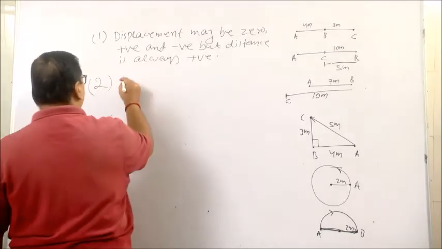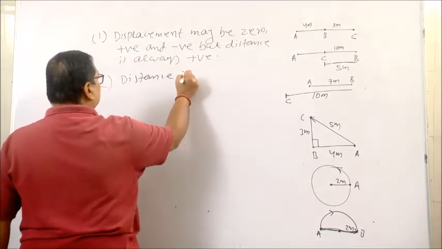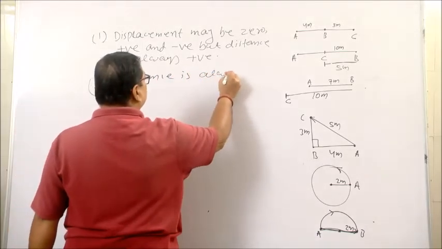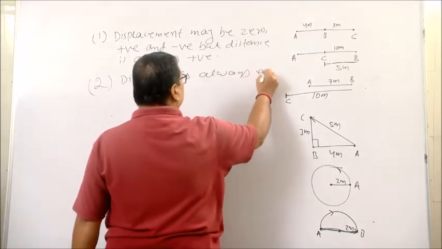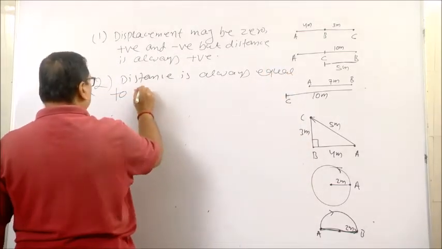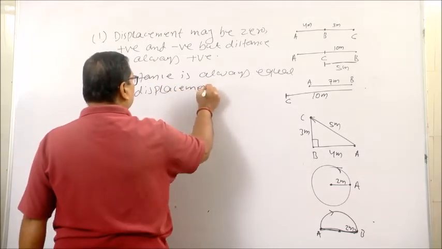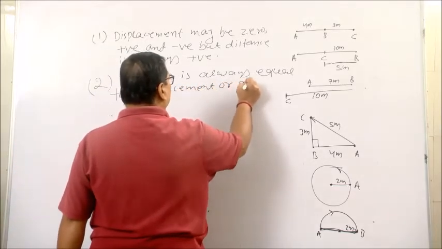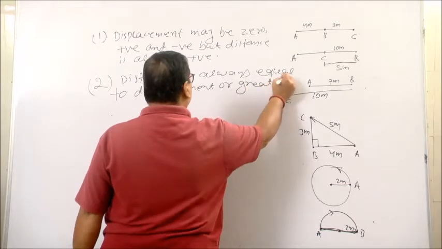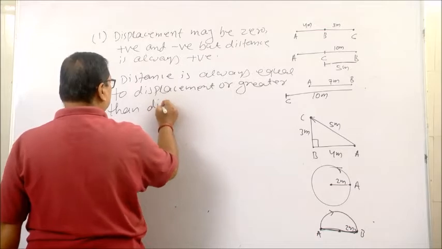Second, distance is always equal to displacement or greater than displacement.